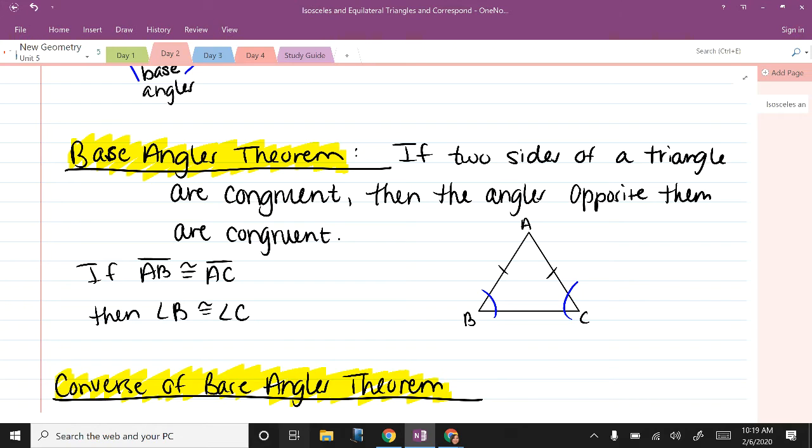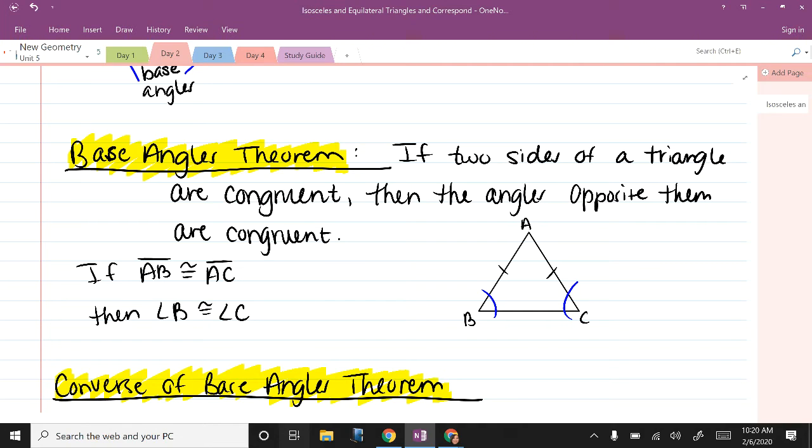The base angles theorem says if 2 sides of a triangle are congruent, which makes it isosceles, right? Then the angles opposite them are congruent. So segment AB and AC are congruent. This is one side, the angle across from that is angle B. This is one side that's congruent, the angle across from that is angle C. So that means angle B and angle C are congruent to each other.